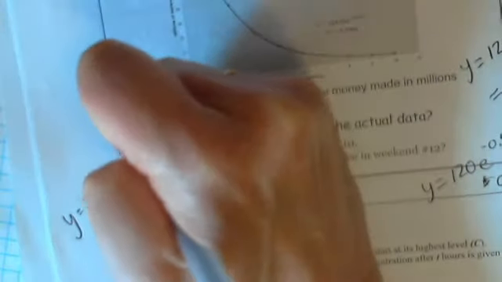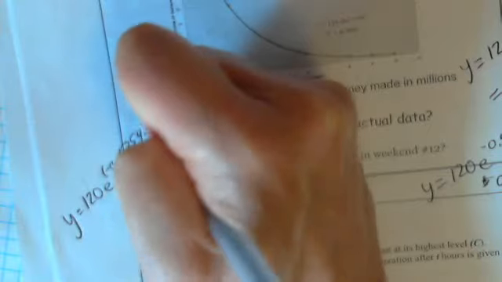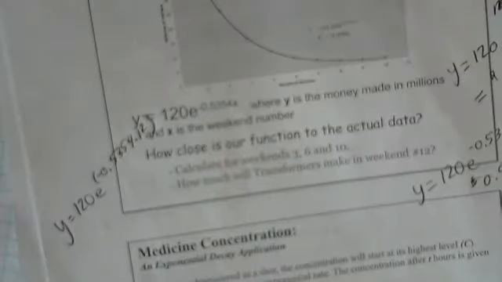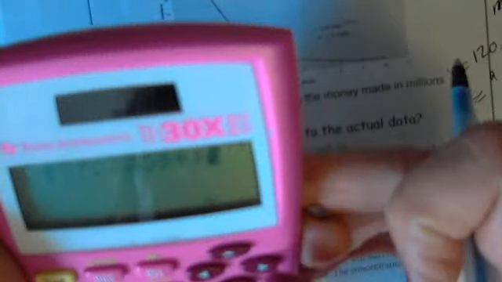So I feel okay about using this exponential model, this equation, to predict week 12. Let's do it over here. Y equals 120 e to the negative 0.5354 times 12. Kind of ran out of room there. Again, I'm going to be lazy. It's already in my calculator, so I'm going to type over my 10 and make it a 12.